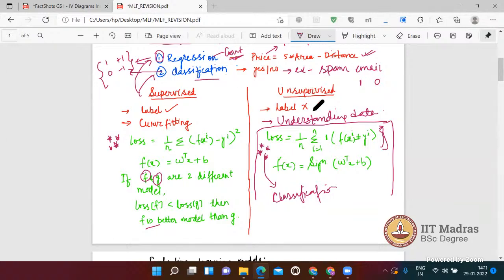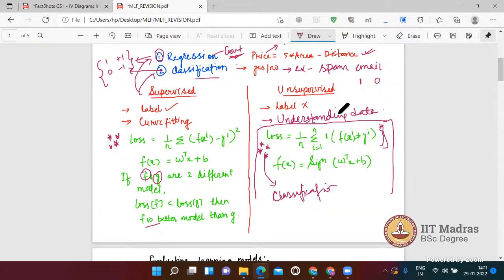Okay. And now we'll move to unsupervised learning. In unsupervised learning, you have some data and the labels are not given.